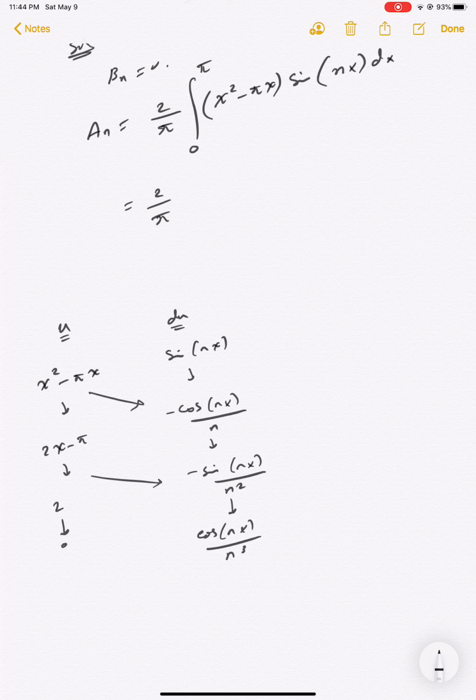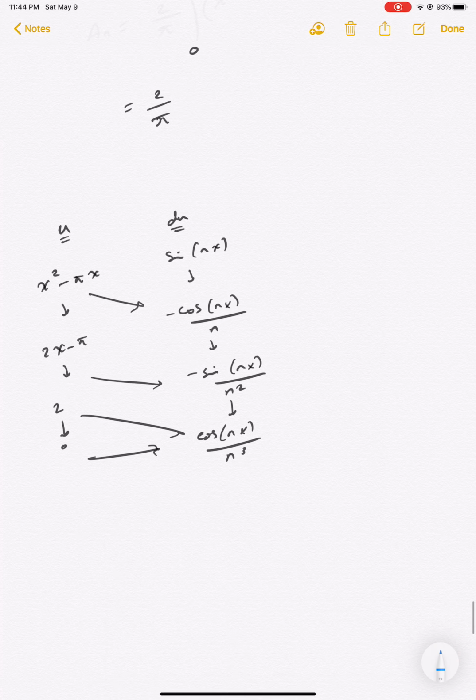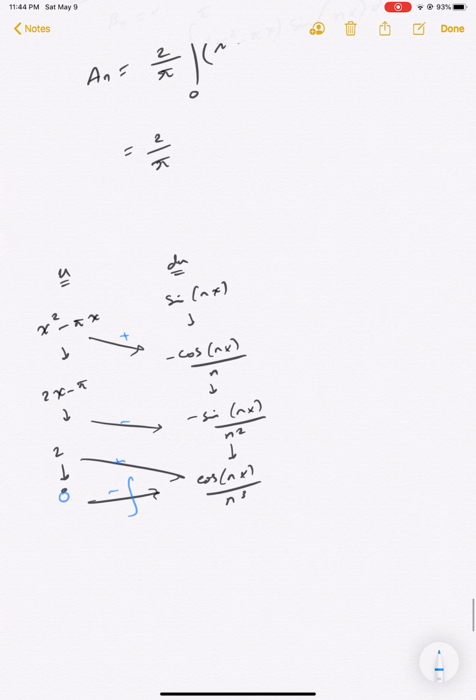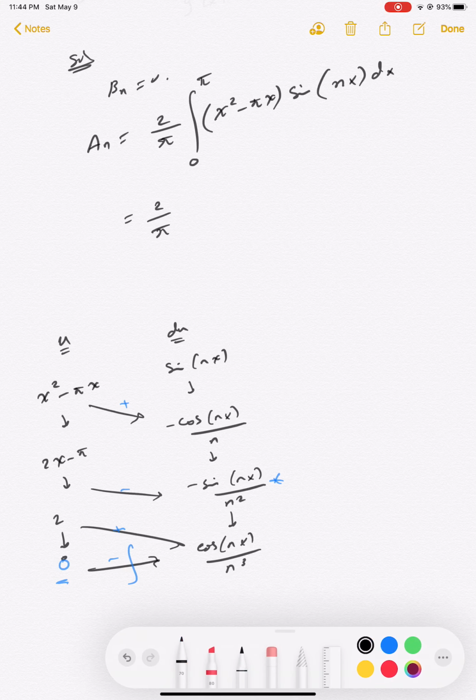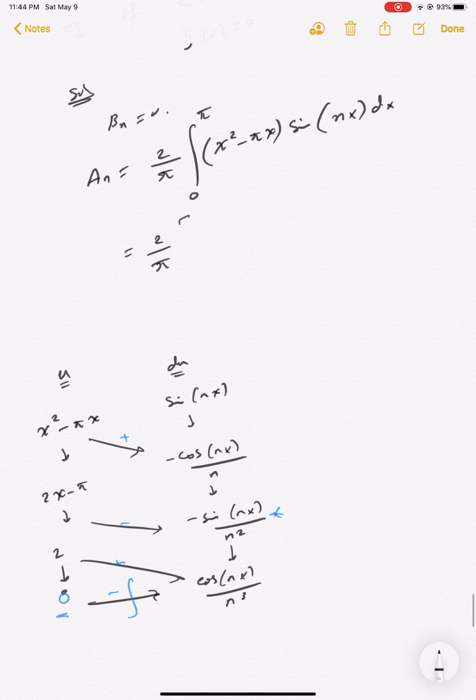Now the last term will be 0 because you are multiplying with 0. So basically what we have is only the first multiplication, x squared minus pi x times the negative cosine. So basically it becomes pi x minus x squared times the cosine nx over n.